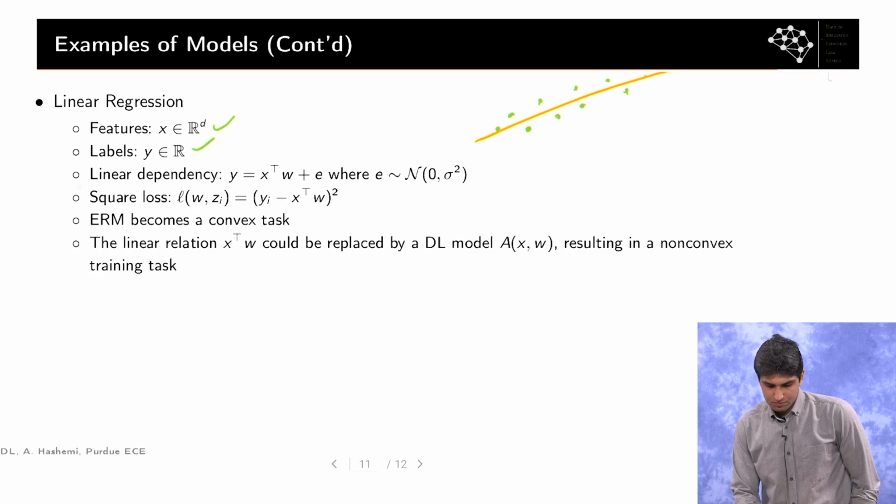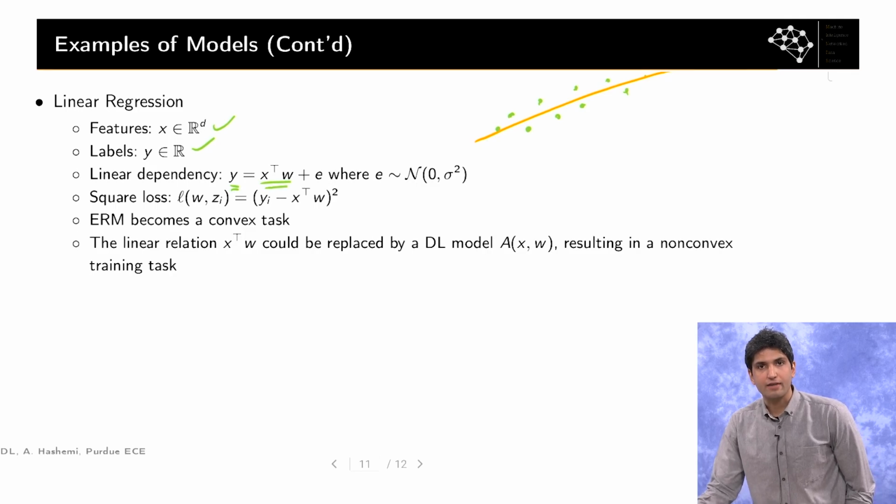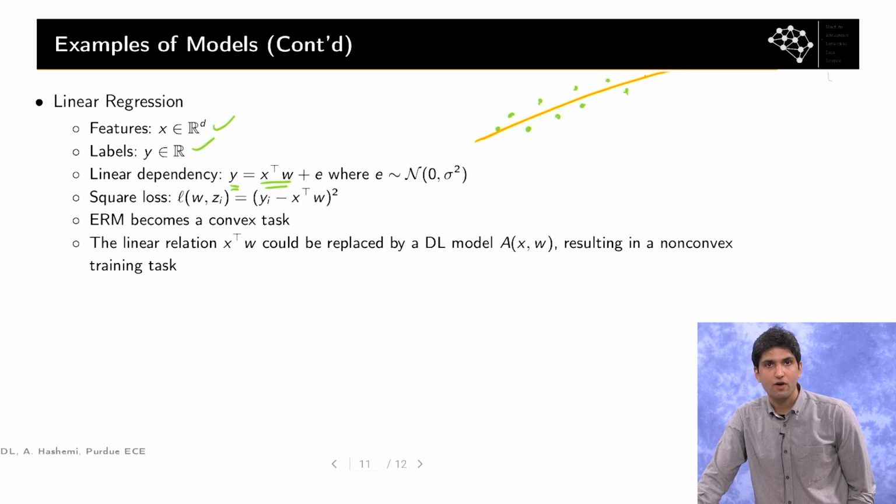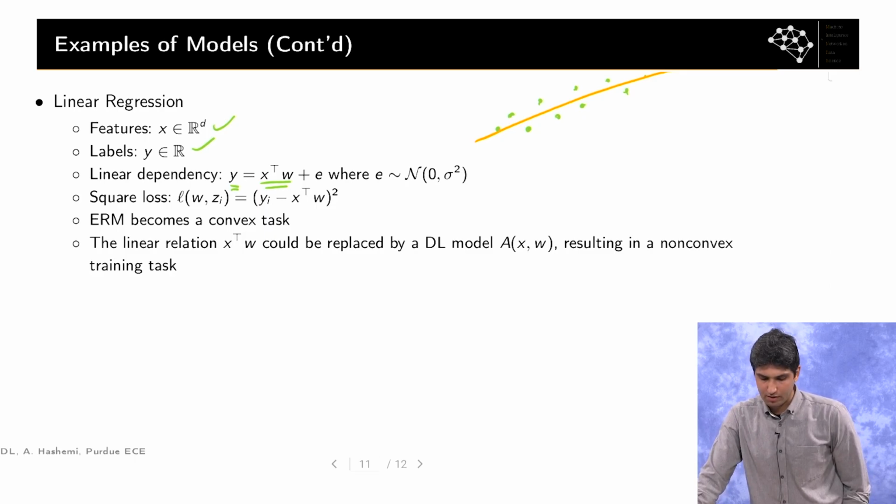We also assume that, as I mentioned here, the relationship between the features and labels is typically following a linear model, meaning that the label is just the inner product between x and some unknown parameter w that we hope to learn, we hope to find it by leveraging some data points.